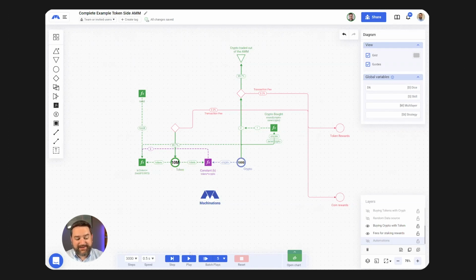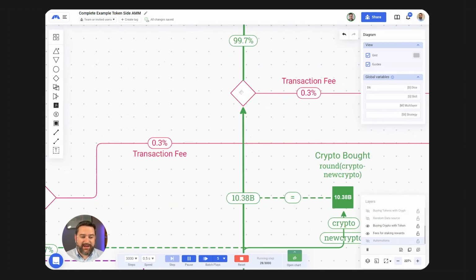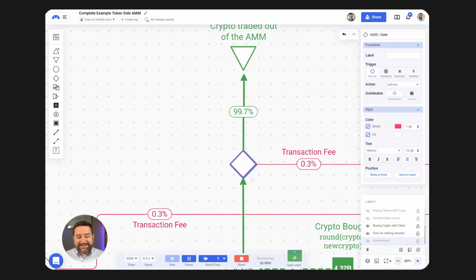So if I hit play for a moment, we'll let some transactions go through. Here I'm keeping track of how much we're collecting from the AMM in token rewards. This is done by adding in this extra gate. This gate splits all the resources that go through it by 99.7% and then captures 0.3% in transaction fees.